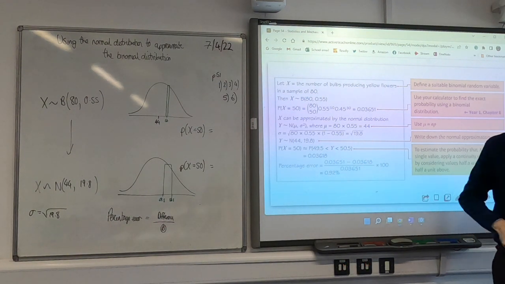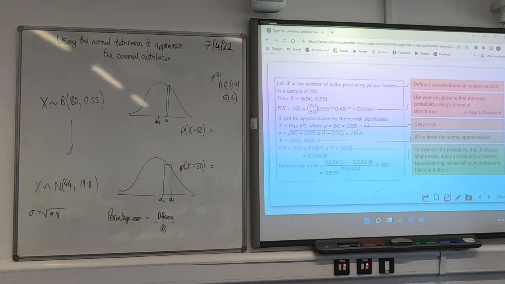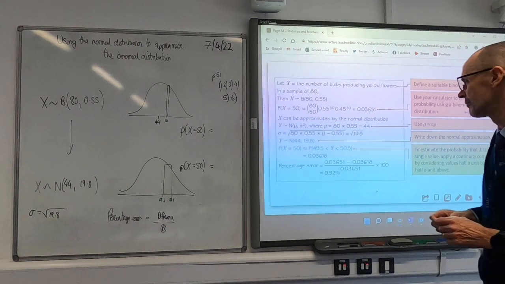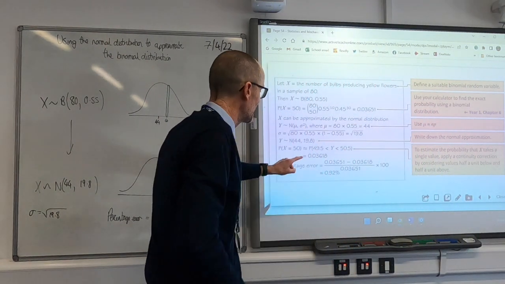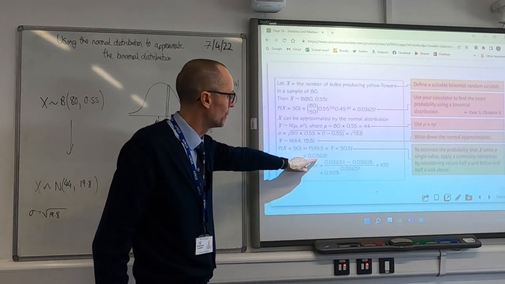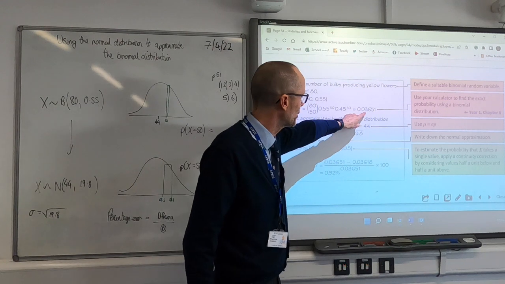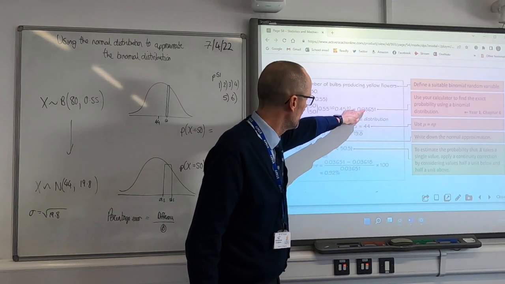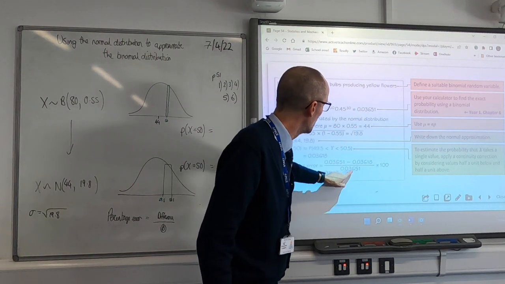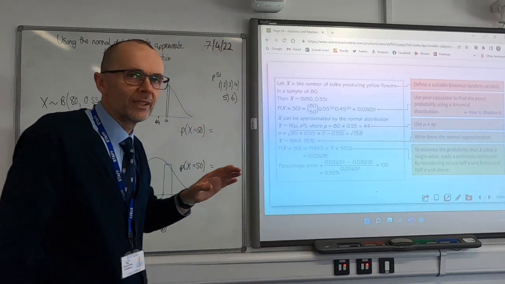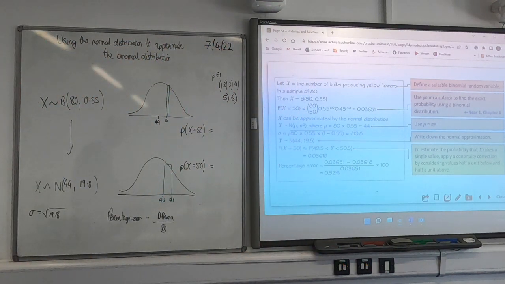So I think mine came out slightly different, but I think mine's absolutely fine. So that's your normal probability. That's the actual probability, the binomial one. So it's the difference of those two over the correct one that gives you your percentage. And it's not far off.